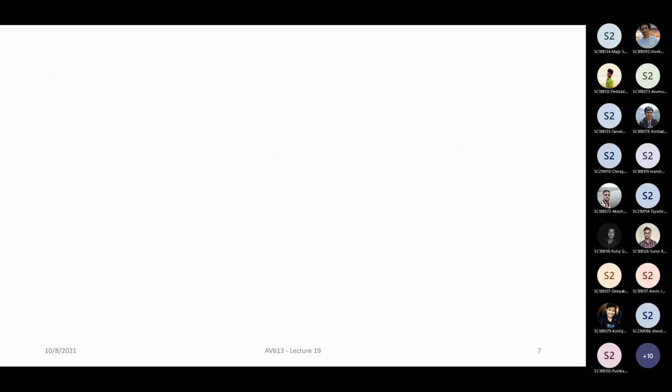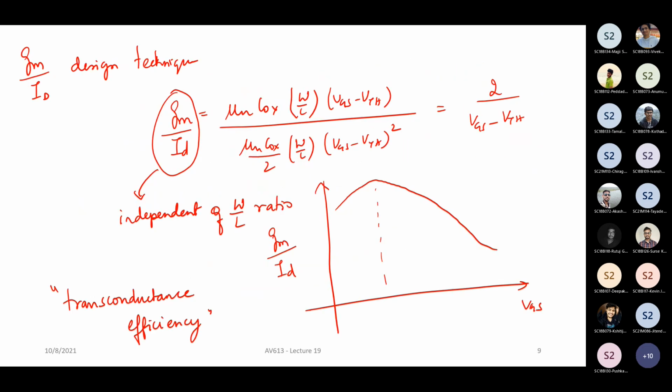So you can go to this plot and say, okay, I want to be at this particular point. This is the GM by ID that I want, and then go and do the rest of the things. Or if you think the gain is not sufficient, you move the point closer to the peak GM by ID ratio point, and that becomes the maximum. You cannot go beyond that.